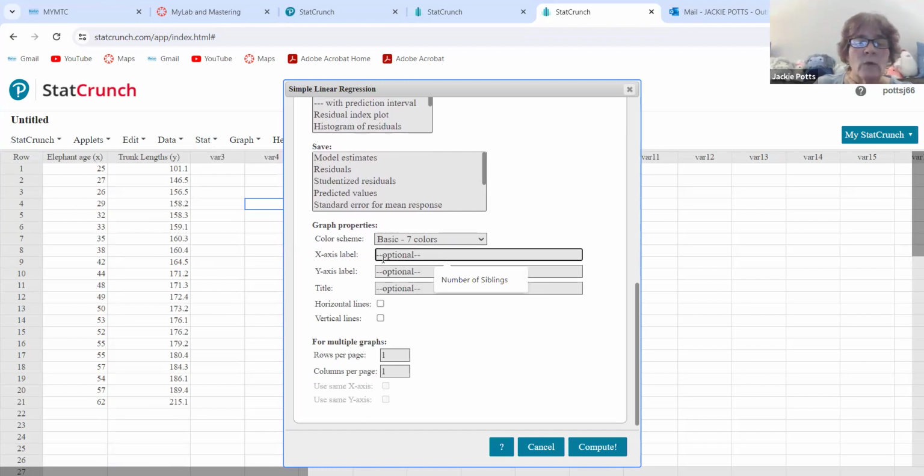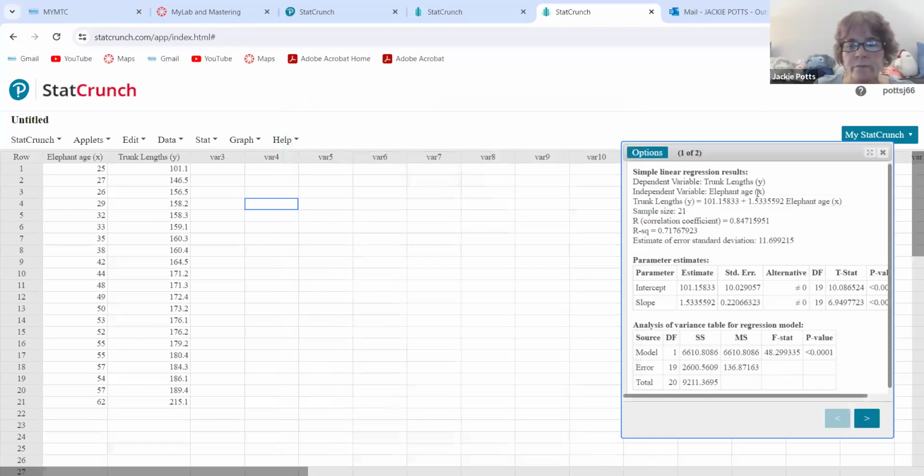So my X label is what? Elephant age. My Y is trunk length. Compute.